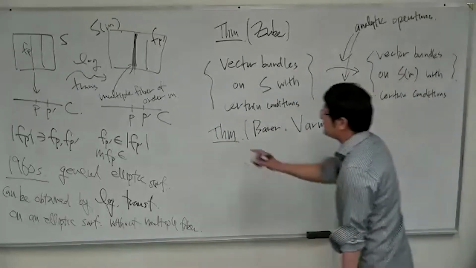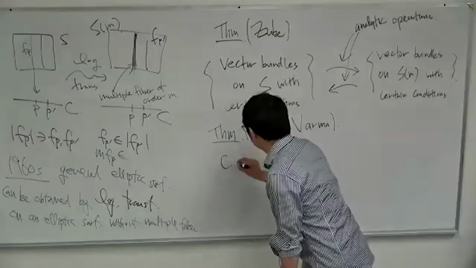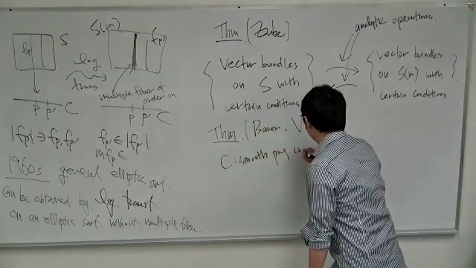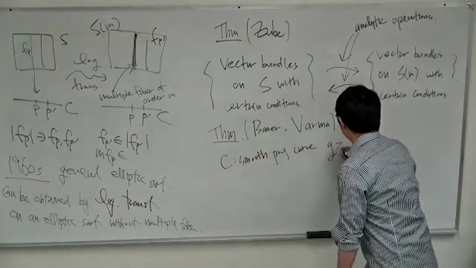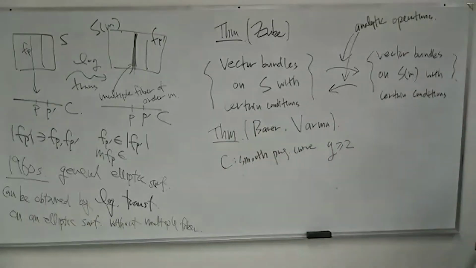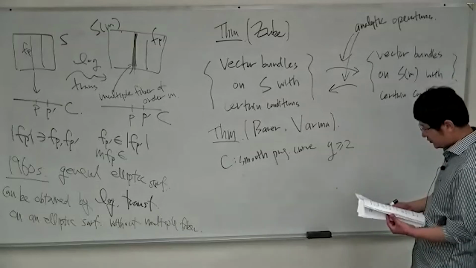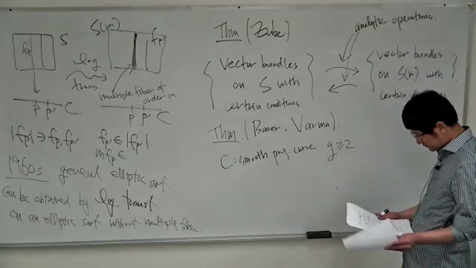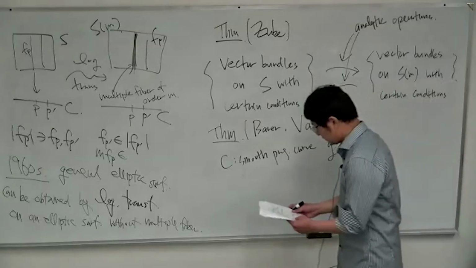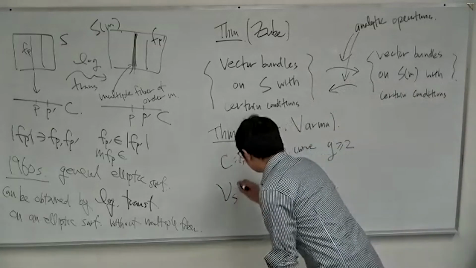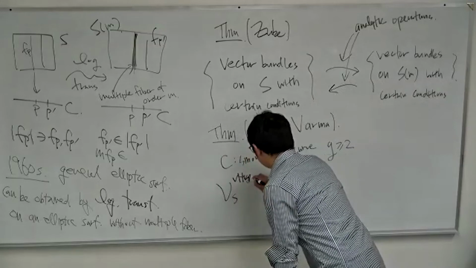So let's see, in this case, let's see the smooth projective curve of genus greater than or equal to 2. And then what they prove is that they consider this category.